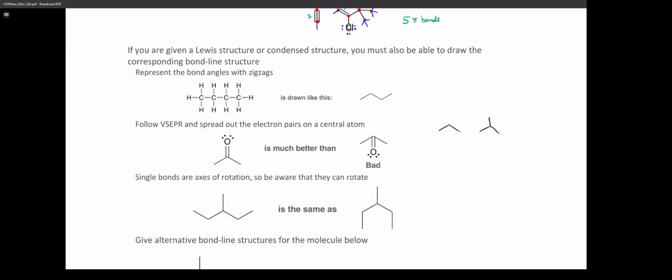And 4 groups would usually be like this. Sometimes you make those 2 groups a little closer to each other. Or even a cross. I just don't like crosses in my structures because they look too much like 90-degree angles. So usually something like this is better.